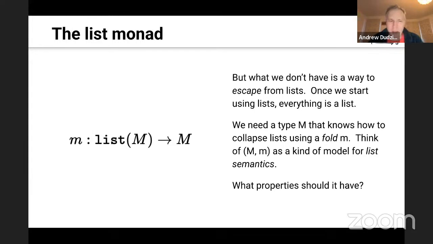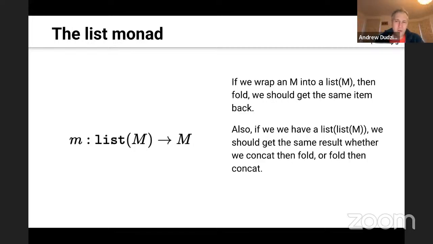So what kind of properties should such a nice model have? Well, if we wrap something into a list and then fold it, we should get the same thing back. That seems sensible. And then also, similar to before, if we have a list of m's, then we can either concat and then fold, or we can fold and then concat, and that seems logical.